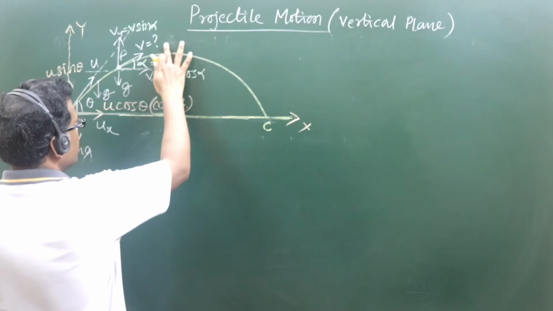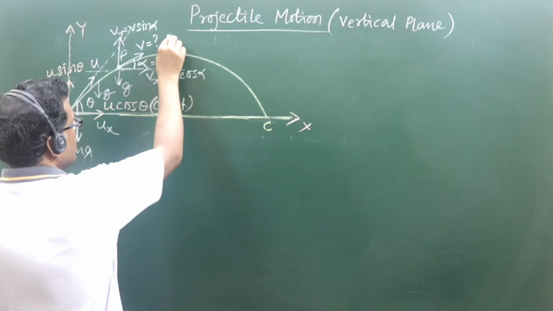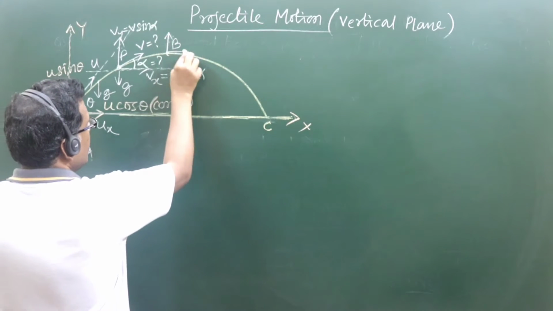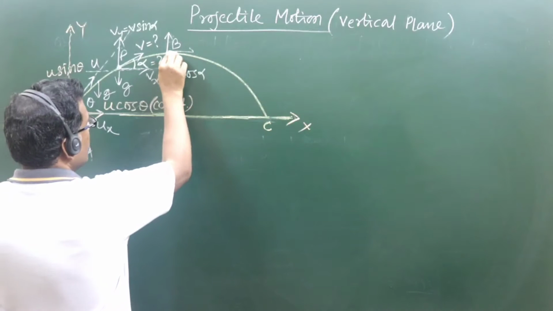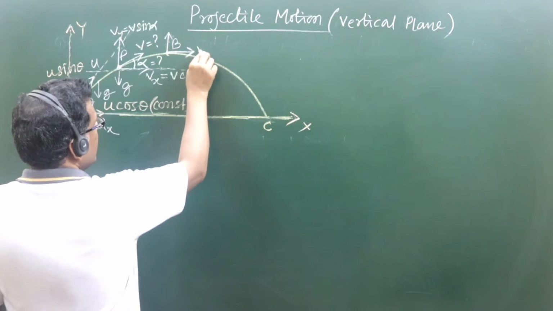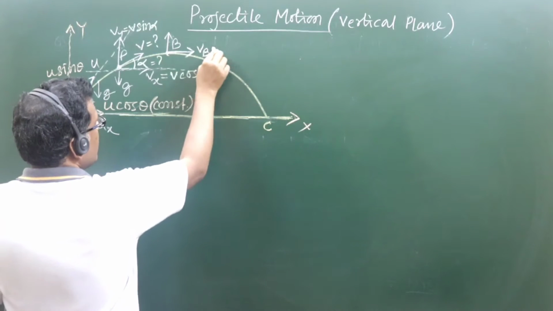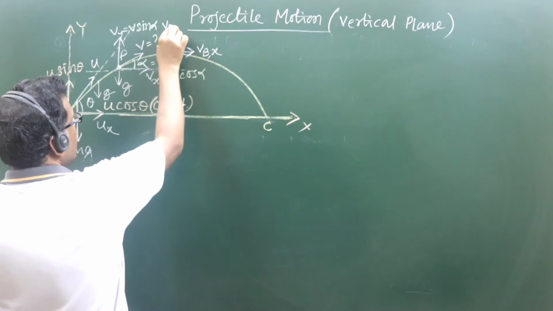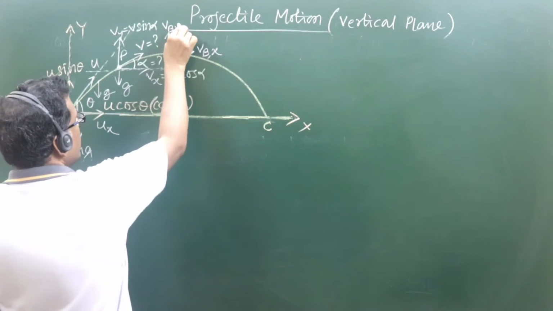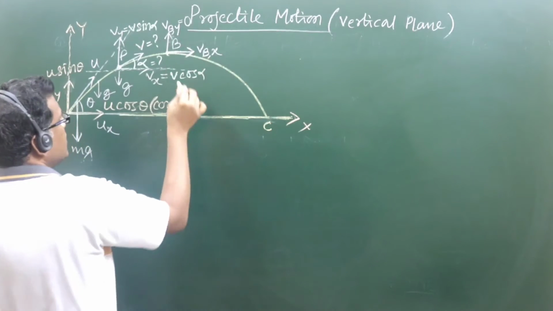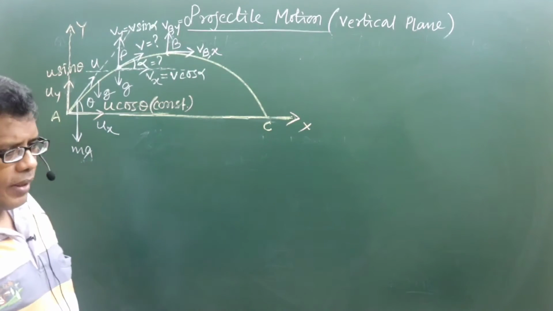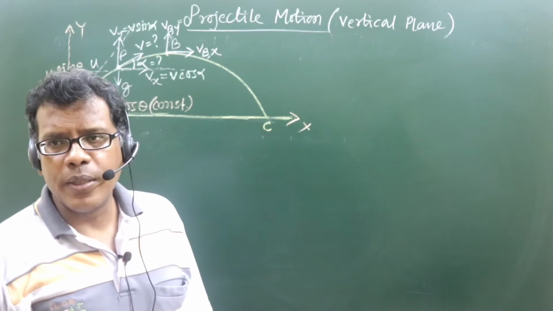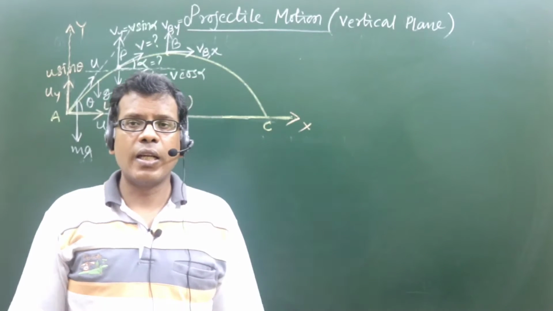So when the particle reaches the point B, at B the horizontal velocity is available, but at B, the topmost point, the vertical velocity becomes 0. That is the reason why it is said to be the highest point of the projectile.